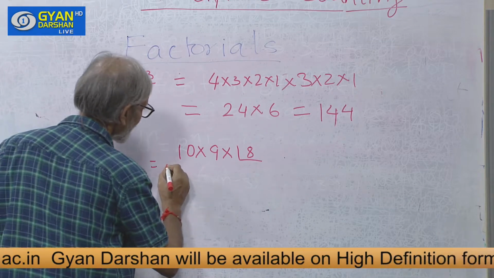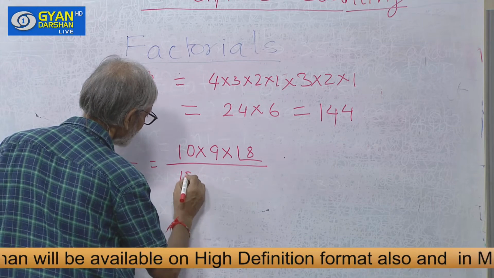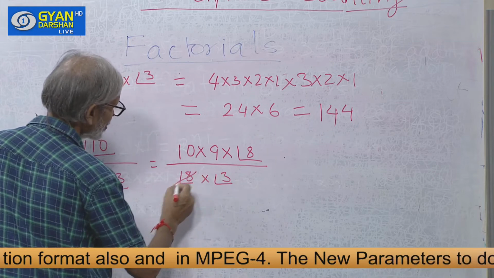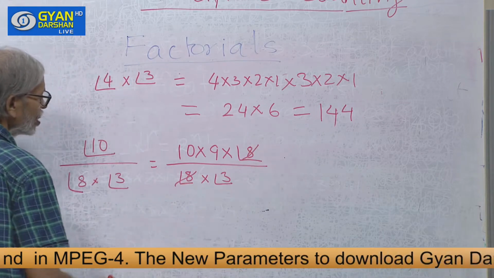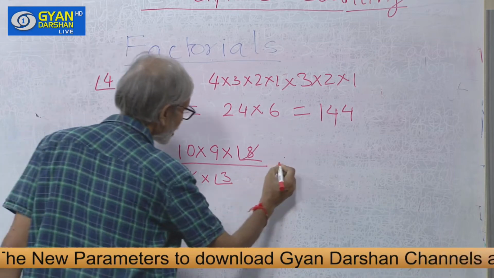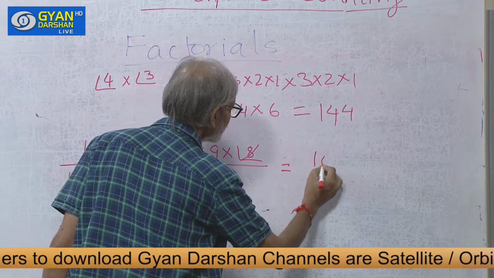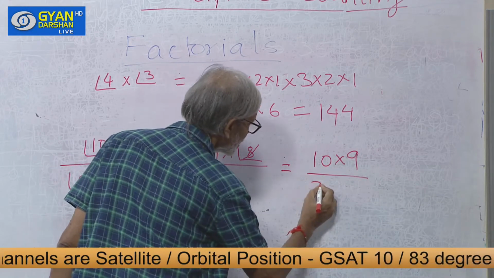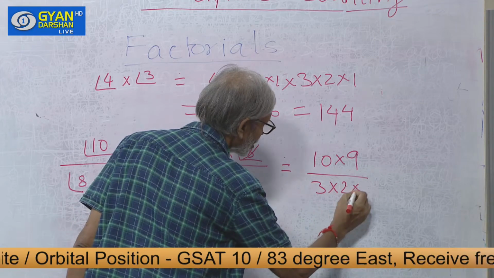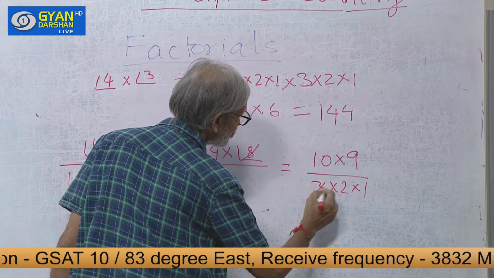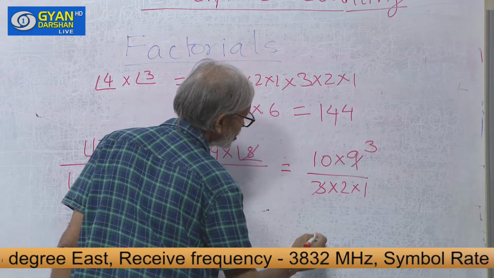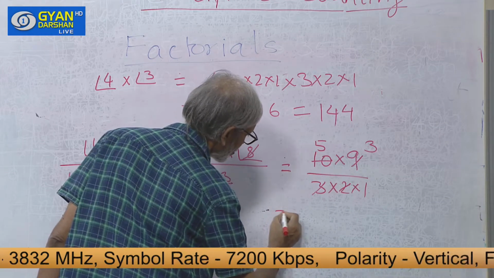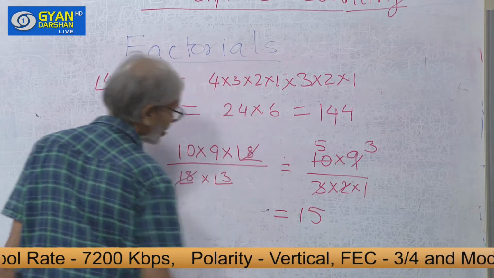So, it will be cancelled out, divided by factorial 8 into factorial 3. So, this factorial 8 will be cancelled out by this one and this will be equal to 10 into 9 divided by factorial 3, that is 3 into 2 into 1. So, this will cancel out 3 and then 5. So, this will be equal to 15.